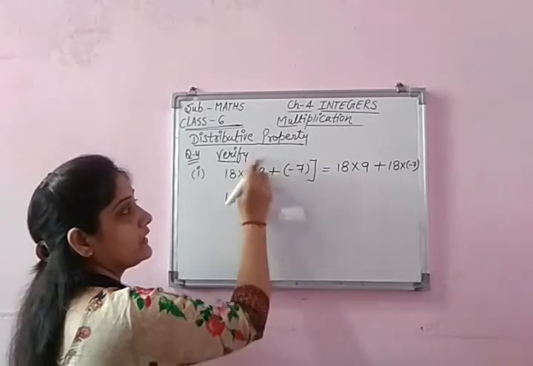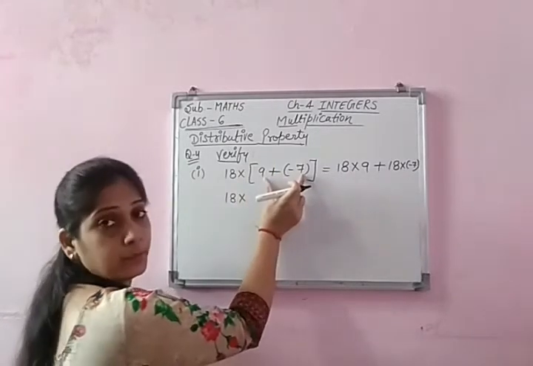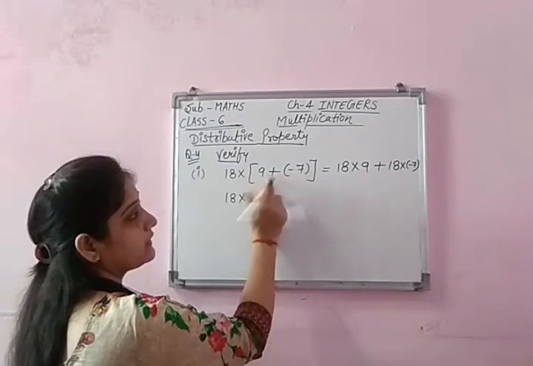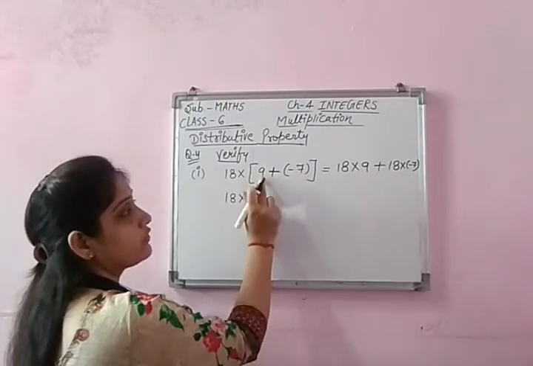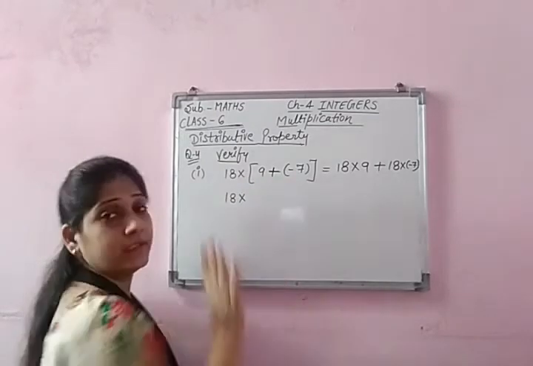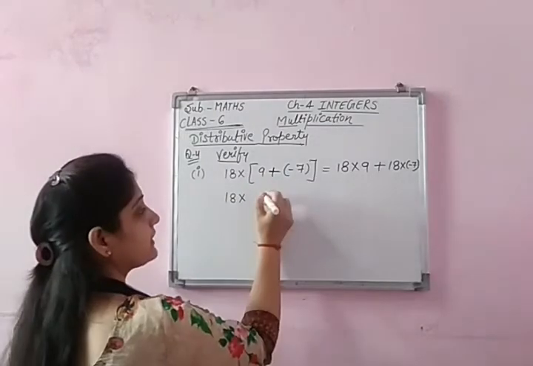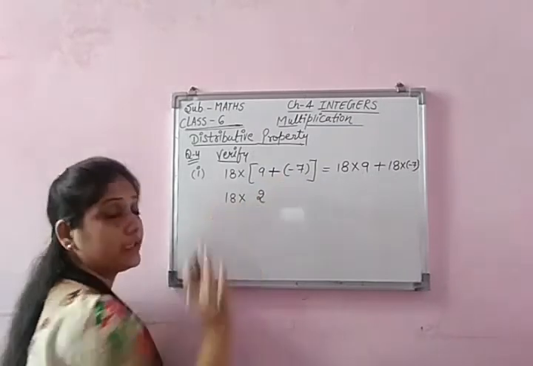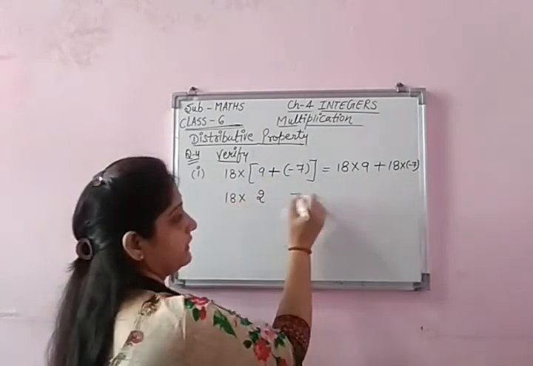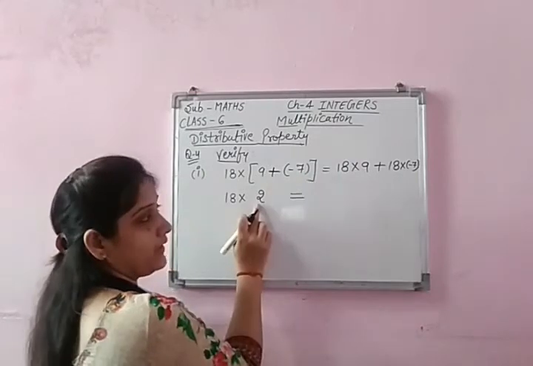And when we solve the bracket, 9 plus minus minus 7, it is addition, and if different signs are there, they will get subtracted. So 9 minus 7 is 2, and I think you understand it will be positive because the 9 is bigger with positive sign. We have solved and written here.